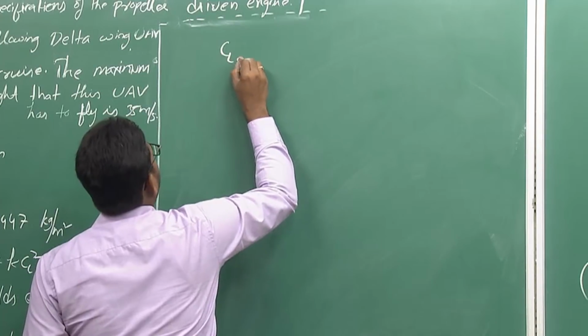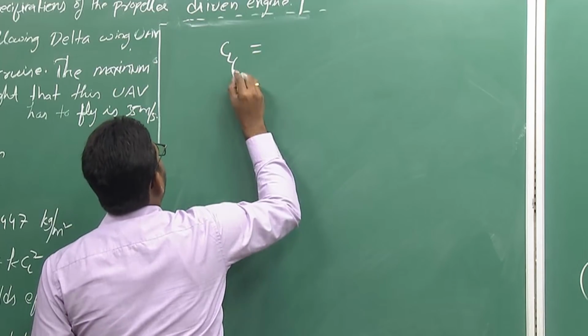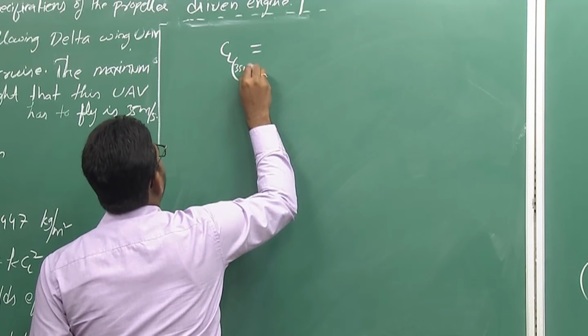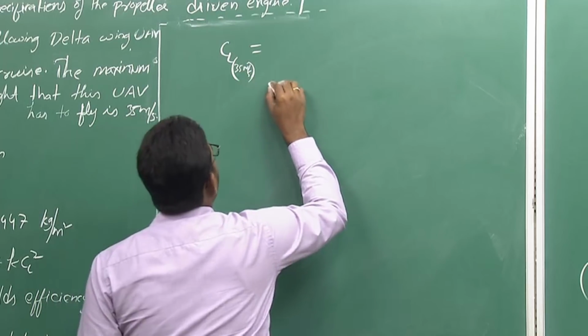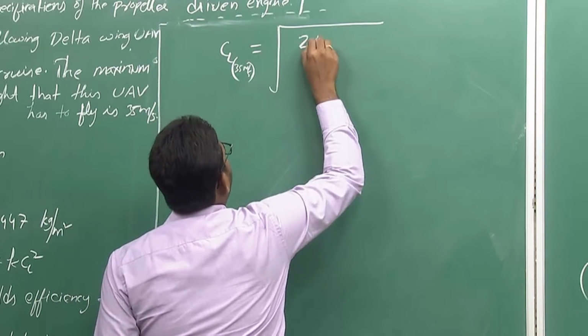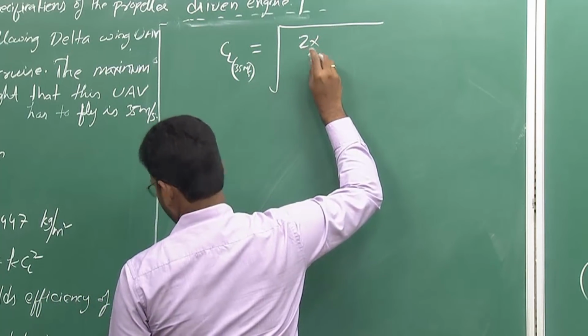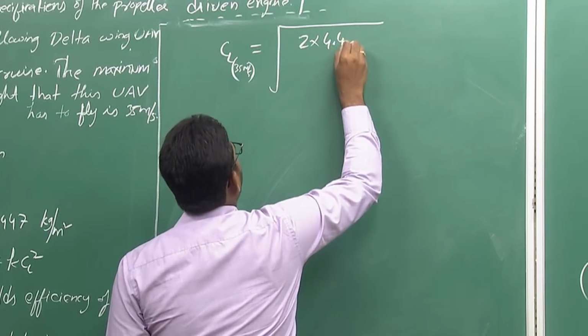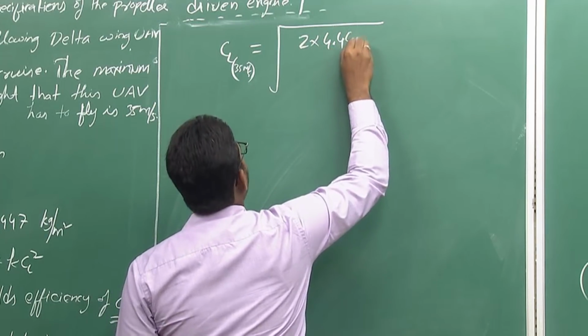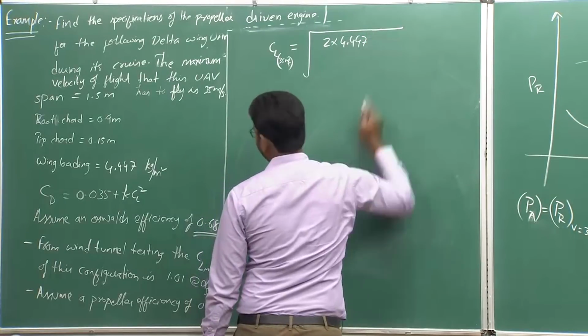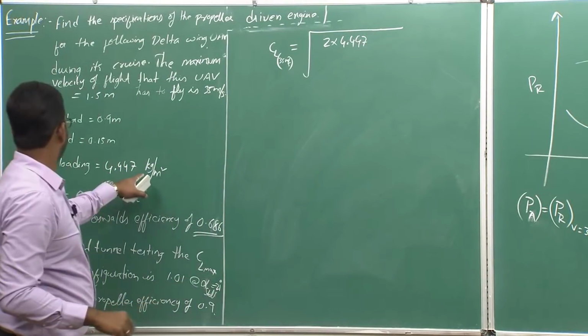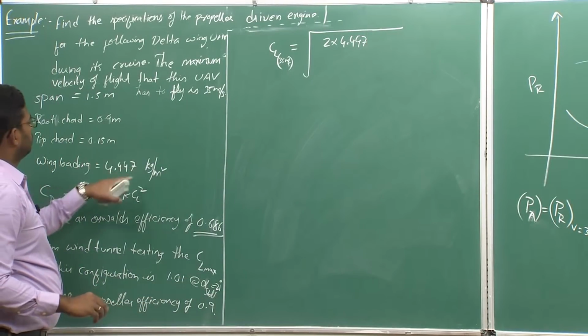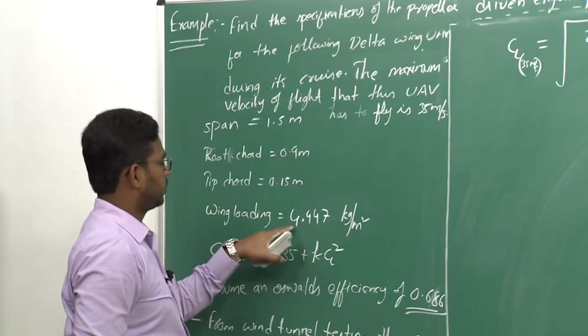So, CL for this particular velocity, 35 meters per second, is equal to the square root of 2 times W by S, which is 4.447 kg per meter square, right. But W should be in Newton, right, it is a force.